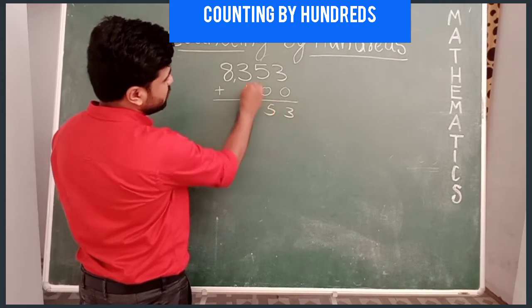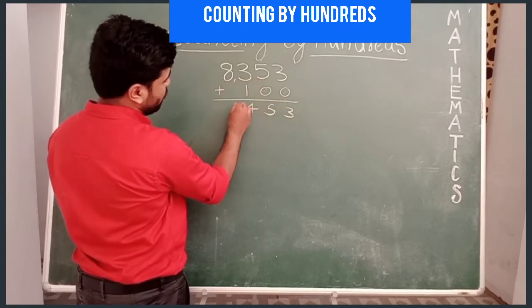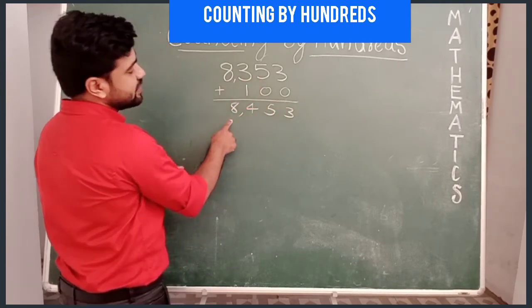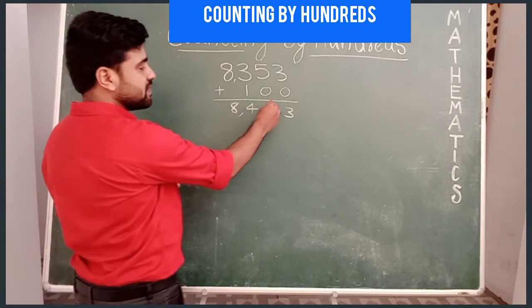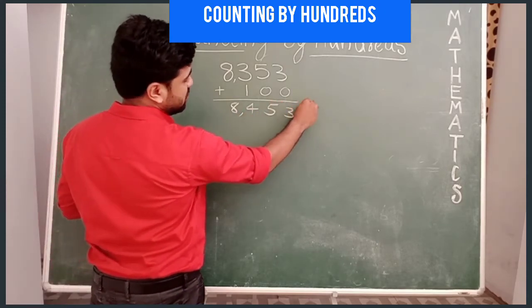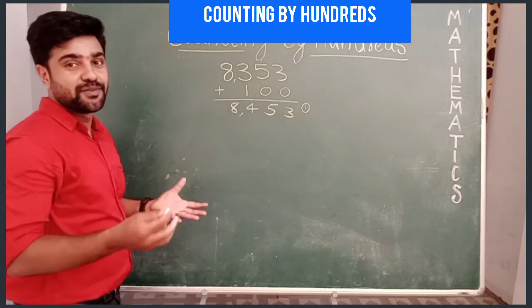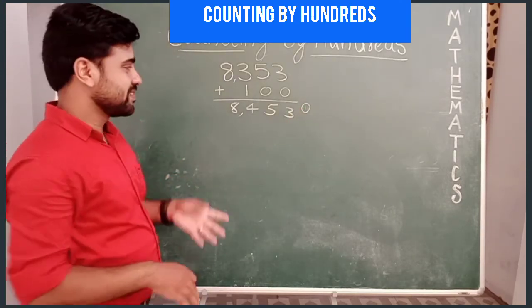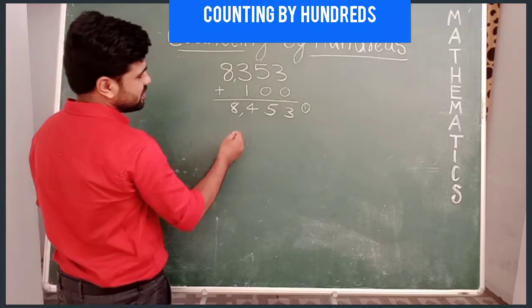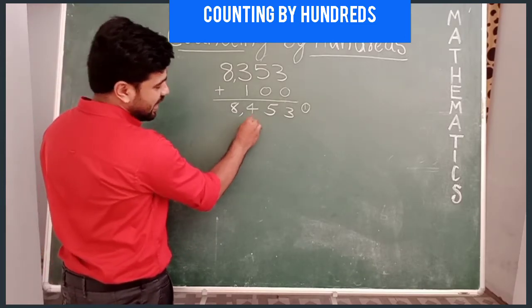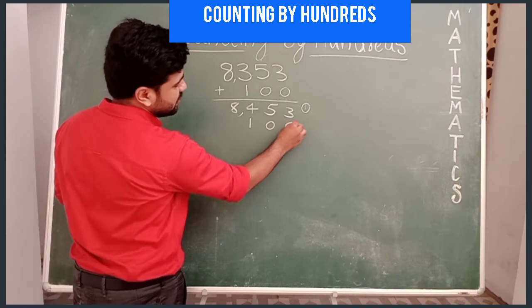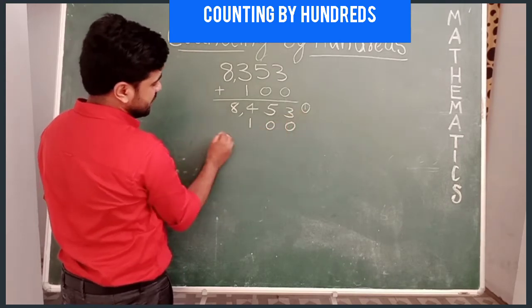3, 5, 3 plus 1, 4. 8,453 will be the first number. Then we may have to write 3 or 4 numbers and find out the next number. Then counting by 100, add 100 to the first number again.